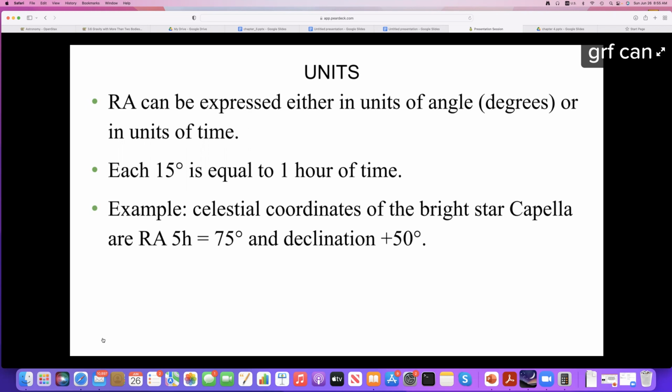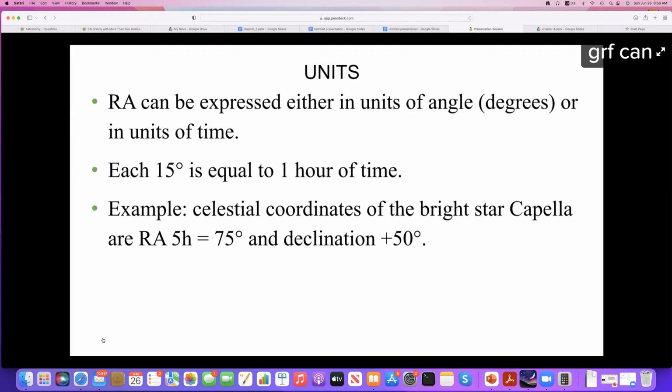The connection between time and degrees is that each 15 degrees is equal to 1 hour of time. This is based on the fact that the Earth rotates 360 degrees in 24 hours. So for each 15 degrees, we have a rotation of 1 hour. That is the basis for this calculation, right?